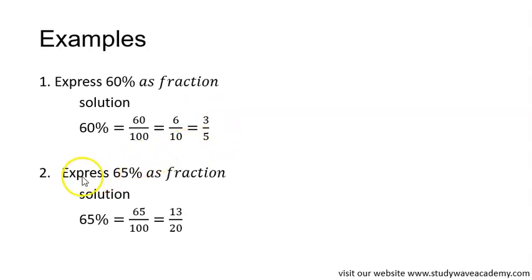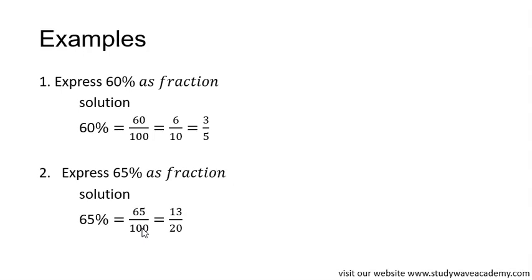Good. The next one, express 65% as a fraction. And how do we do that? Remember, the percentage here represents 100. So 65% is equal to 65 over 100. Can this go to its lowest form? Yes, it can.